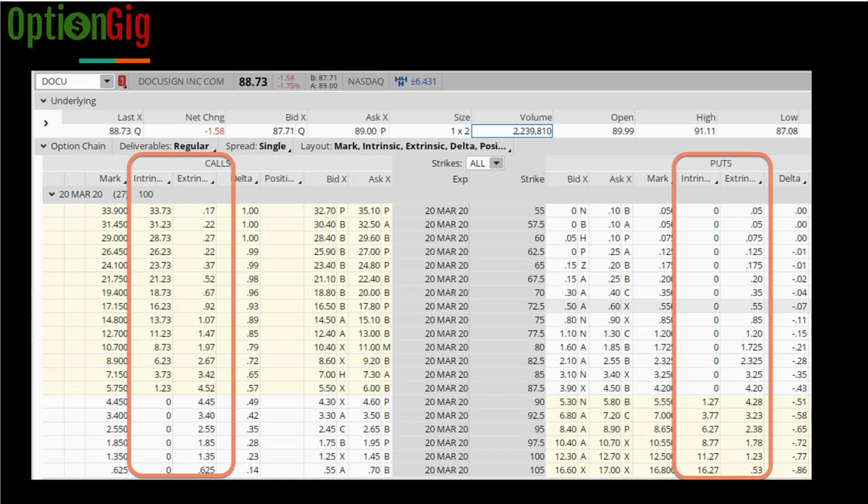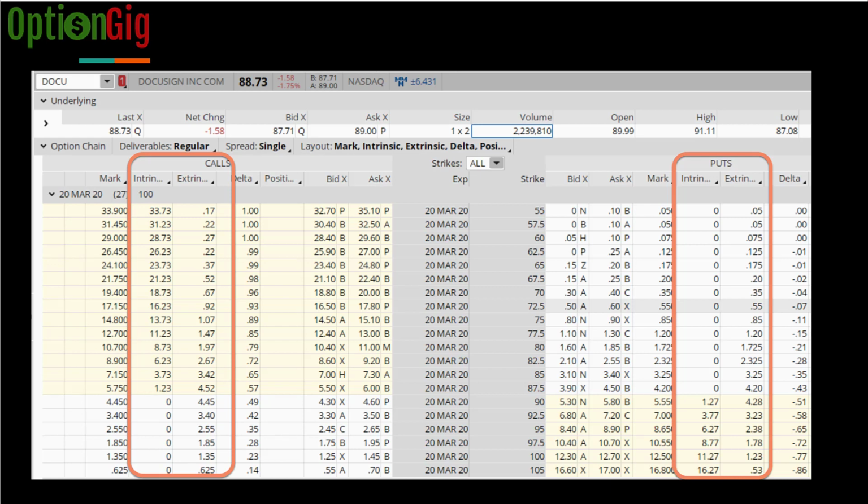Now if I'm looking at different strike prices, for a call side, anything below $87.50 is an in the money call option because the strike price is less than the stock price, and currently the strike prices that we have available are in $2.50 increments.